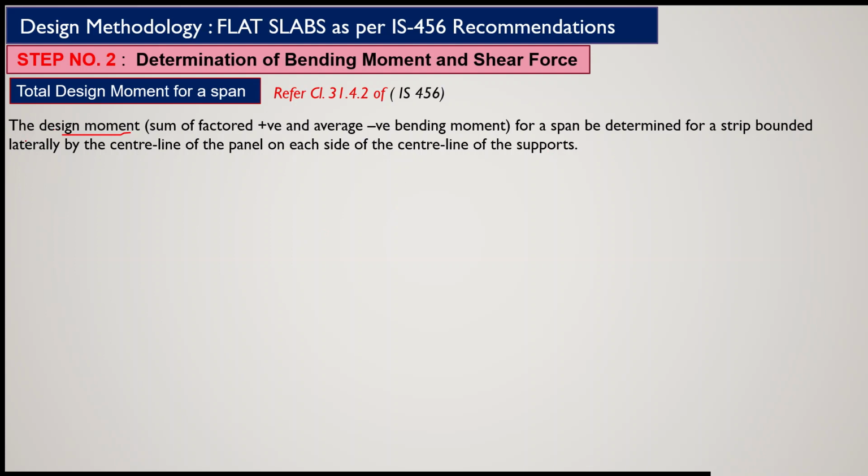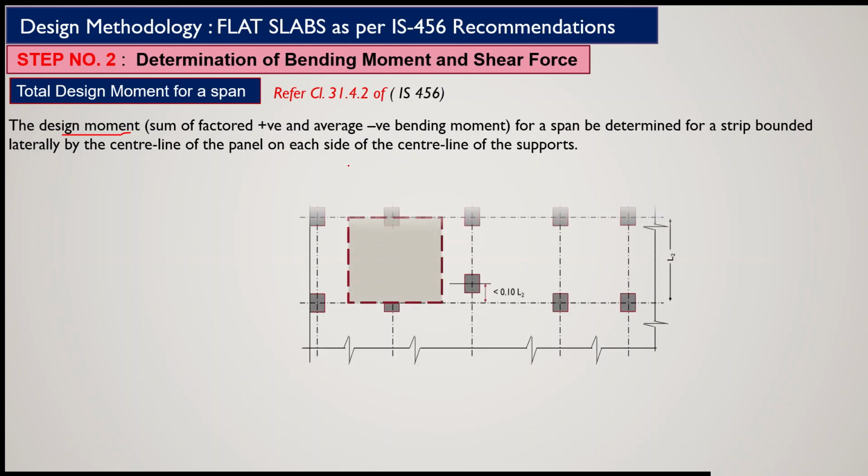So again I am repeating, the total design moment, which consists of positive as well as negative bending moment for a span, will be determined for a strip bounded laterally by the center line of the panel on each side of center line of support.